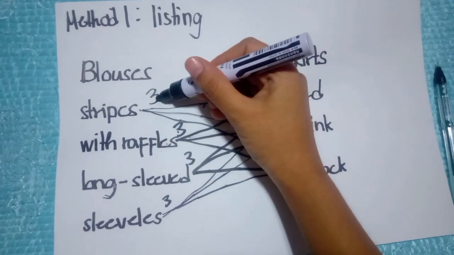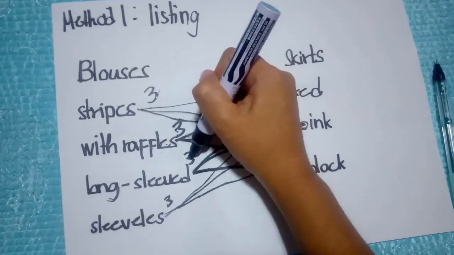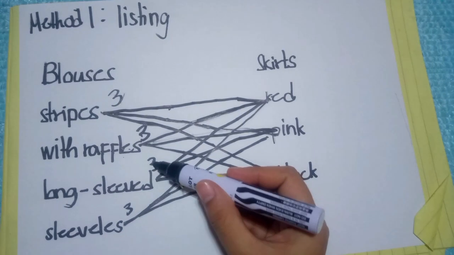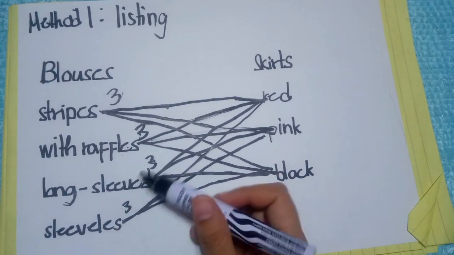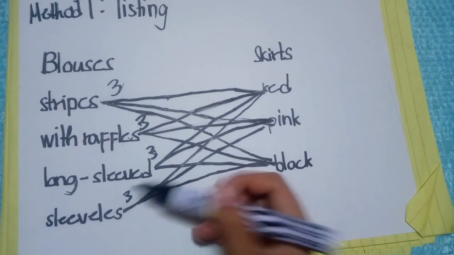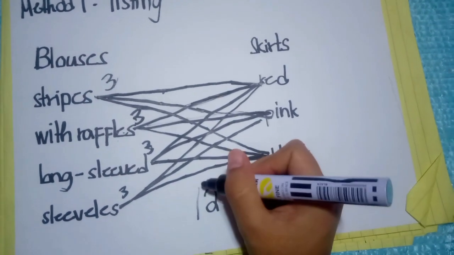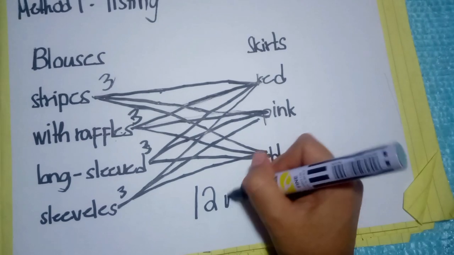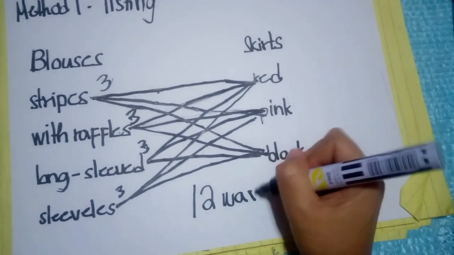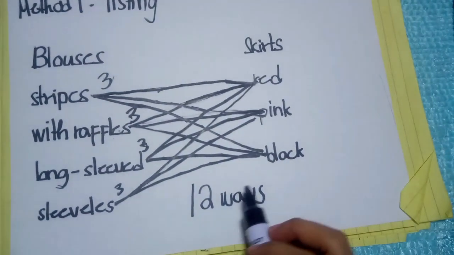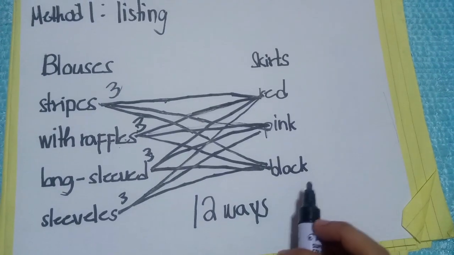So 3 plus 3, 6, plus 3, 9. Then 9 plus 3 is 12. So there are 12 ways of pairing the blouses and skirts.